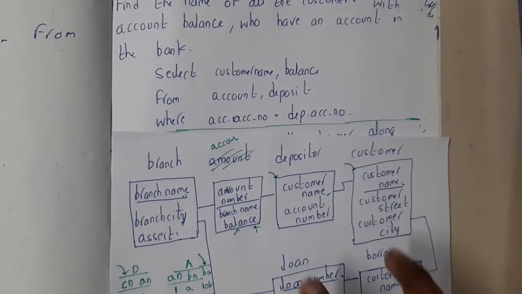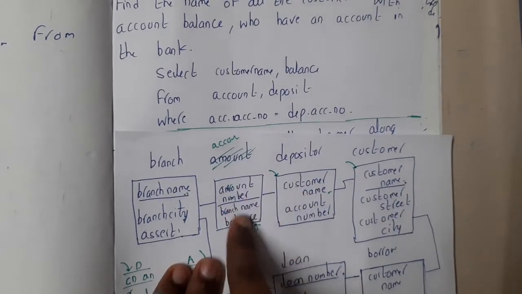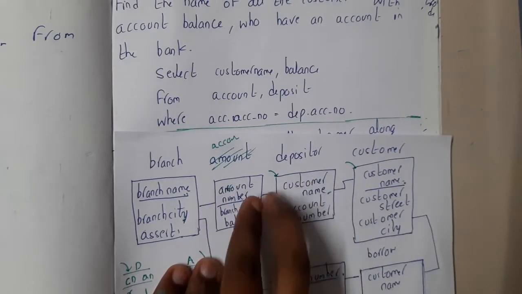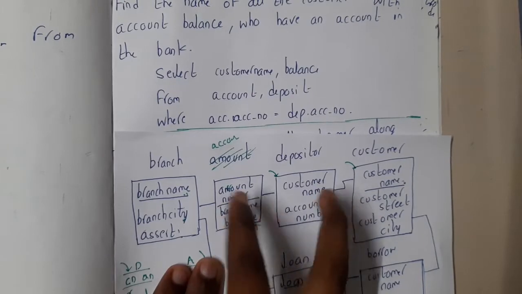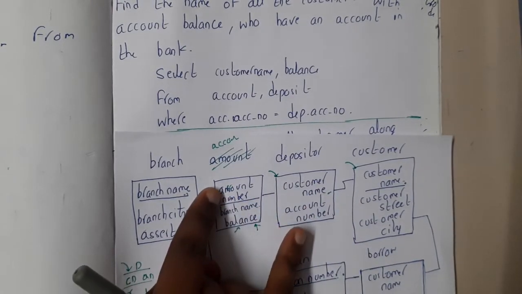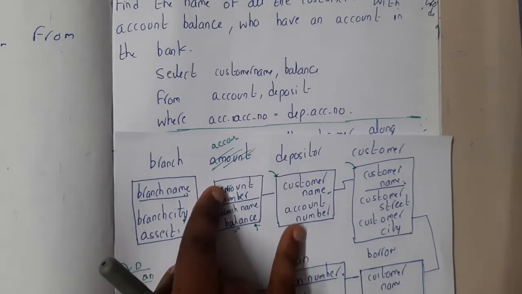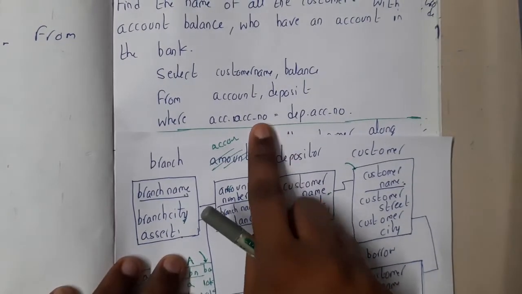From these two tables we are trying to get the data, but there is a small thing here: the customer name is not there in this table. That is the reason we are trying to combine them. If we want to combine them, we should check the condition with respect to the account number, right? Because account number is a common attribute between them and it is 100% unique. That is the reason we perform an equality operation between these two.